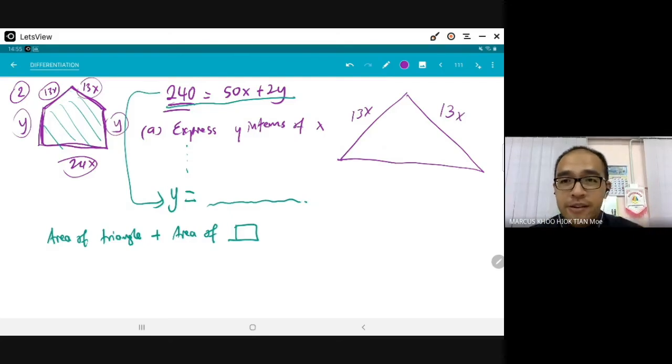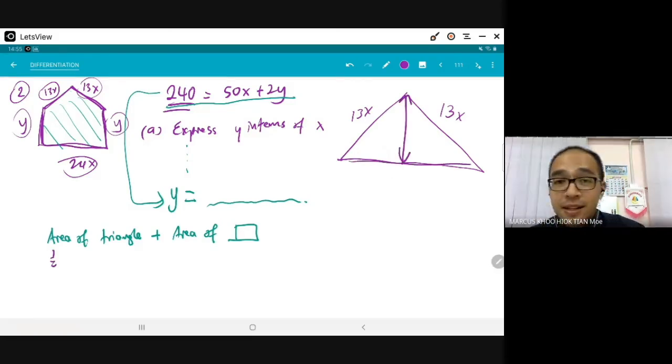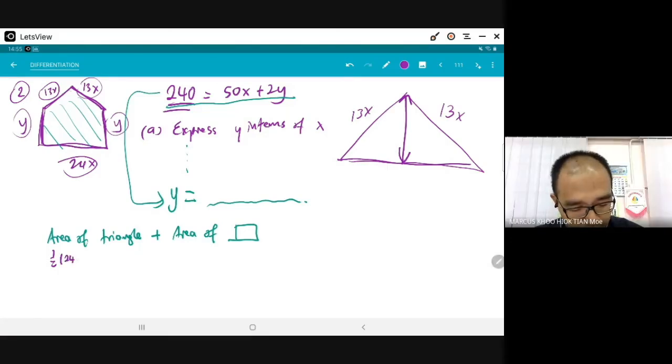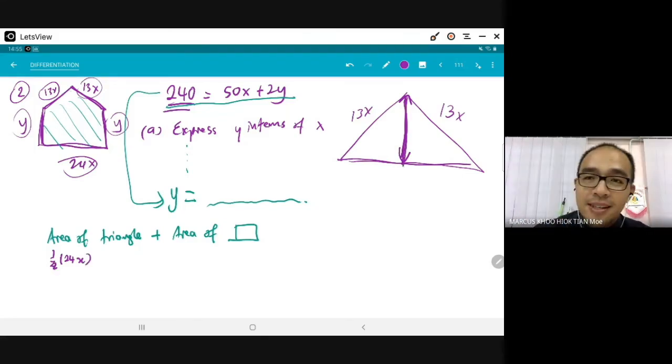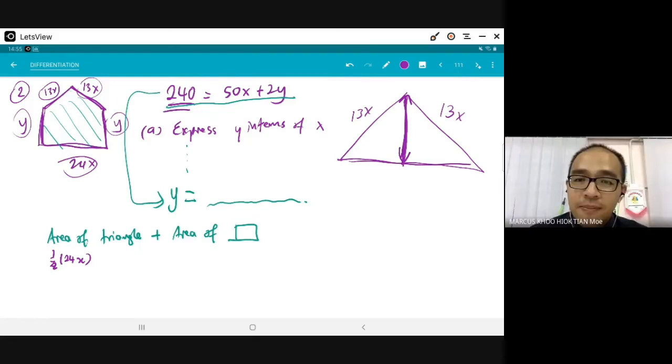How do I find the area of this triangle? Area is half times the base times the height. What is the base? 24. Okay, the base is 24x lah, so no problem. Now my problem is the height. How do I find this height? Pythagoras. Okay, Pythagoras.